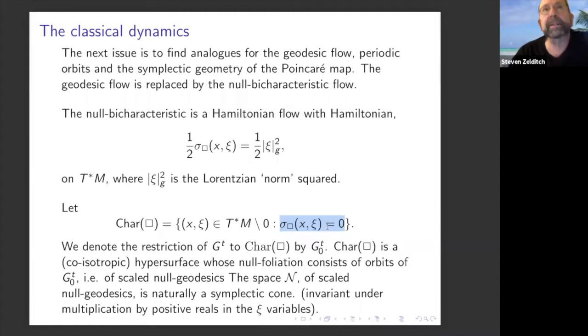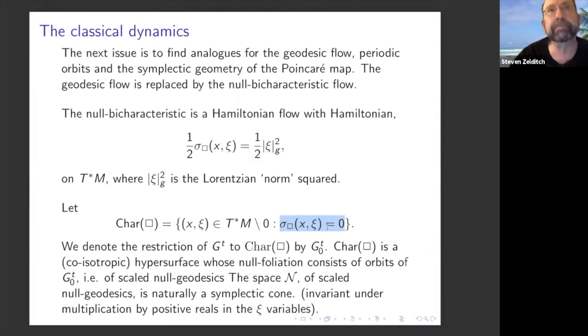As a result, the Hamiltonian flow of the symbol of box, which is the bicharacteristic flow or the Lorentzian geodesic flow, preserves the level sets. So it restricts to the null cone bundle, and the orbits of the geodesic flow in the null cone bundle are the light-like geodesics. These are geodesics where the inner product of gamma dot with gamma dot is zero.